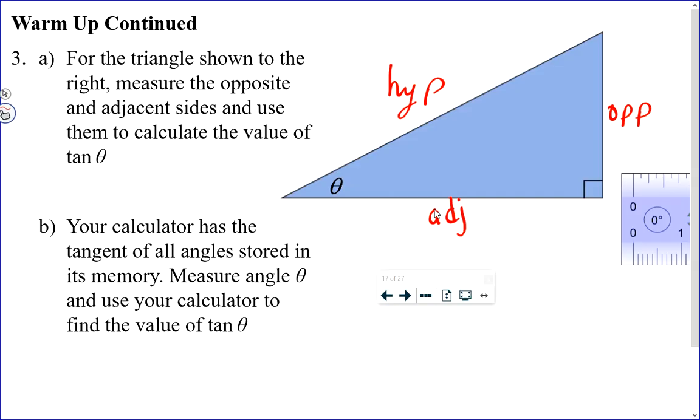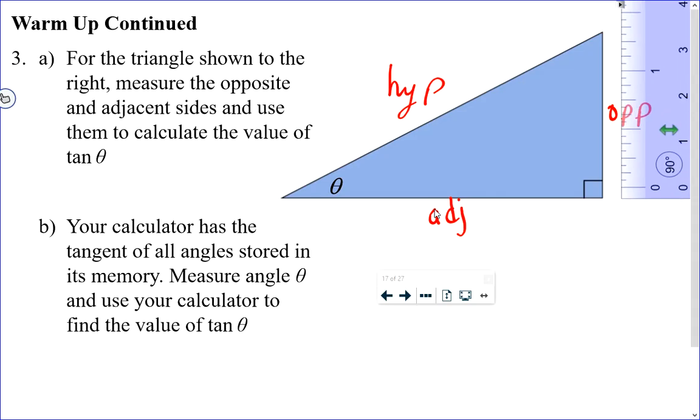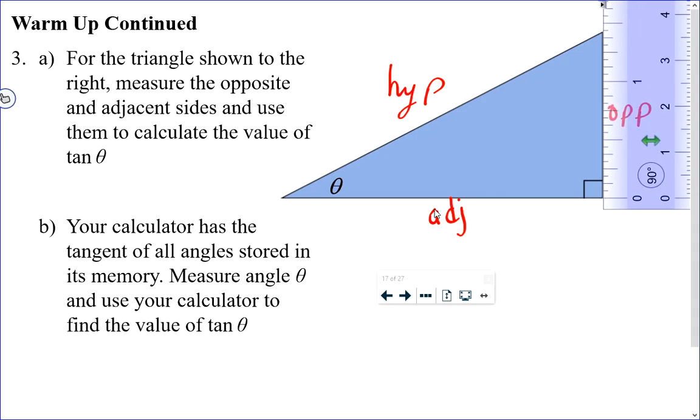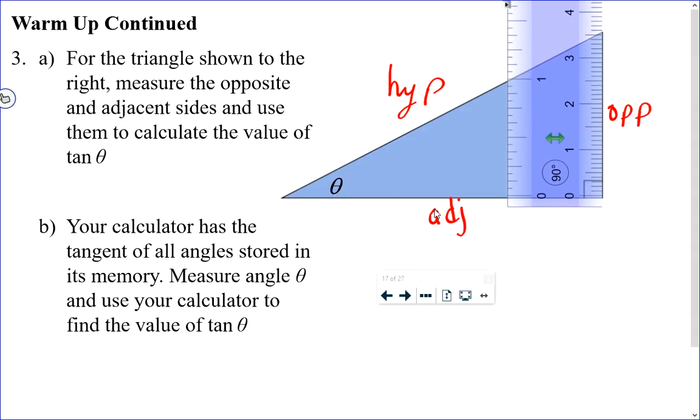So what is the length of the opposite side? Because I'm on a screen here, I actually measured this and set up the ruler so it's at the same scale as what you have on paper. And when I measure this length in centimeters, it's very close to 3.6 centimeters for the opposite.